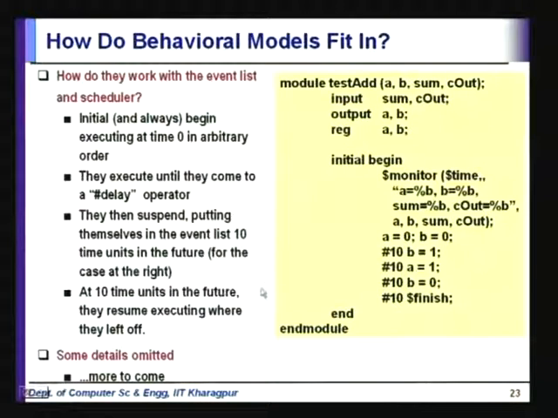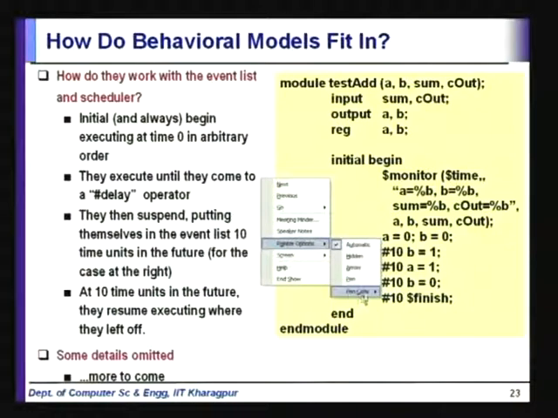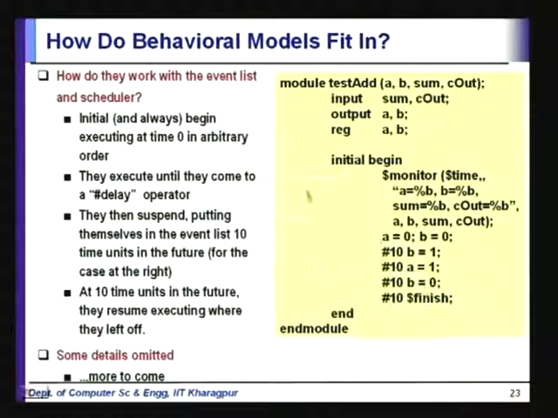Okay. So, whatever is inside the initial block, that is going to be the first thing that we start with. So, we are going to start here. Then after that, we will execute this monitor statement, which is going to set the monitor.